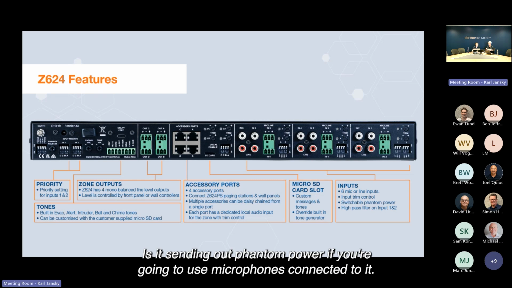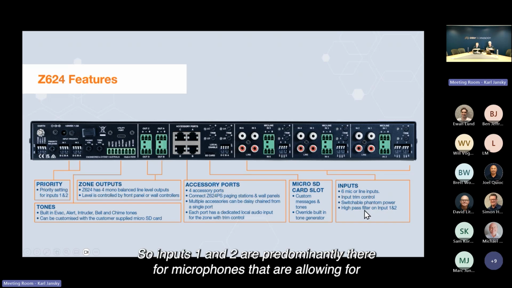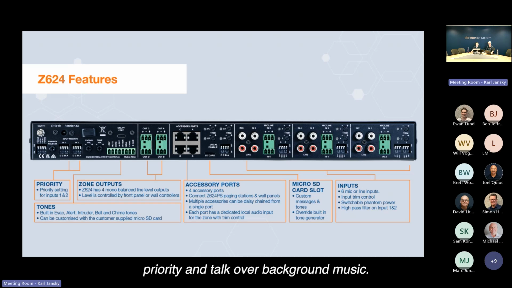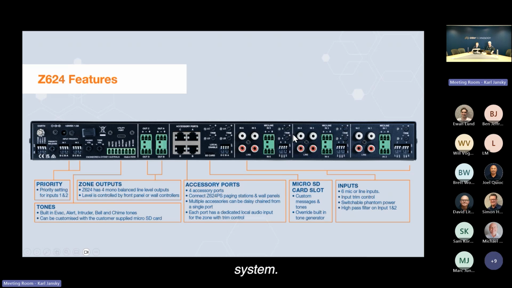Is it sending out phantom power if you're going to use microphones connected to it? And on inputs 1 and 2, it also has a high pass filter. So inputs 1 and 2 are predominantly there for microphones that are allowing for priority and talk over background music. We also have trim levels for you to set the appropriate level coming into the system.